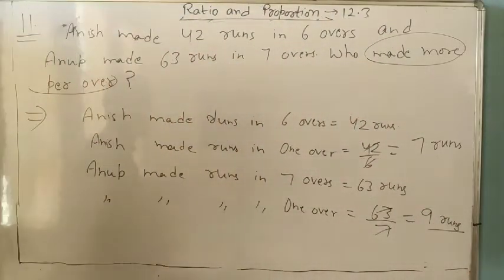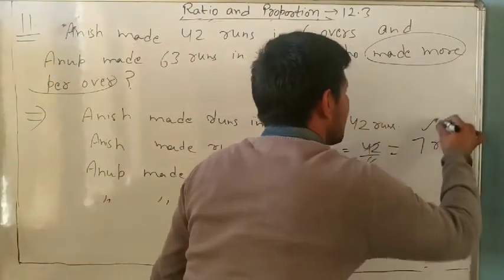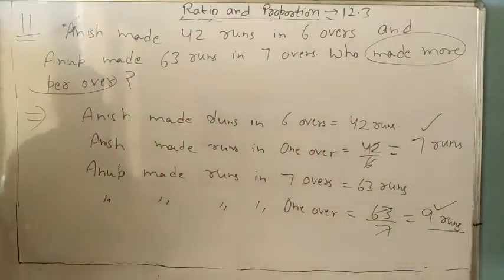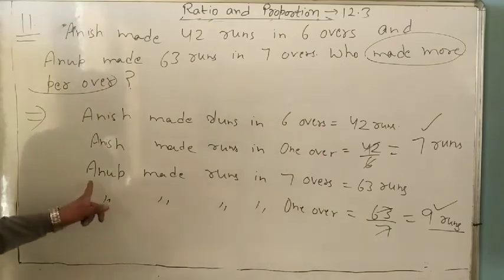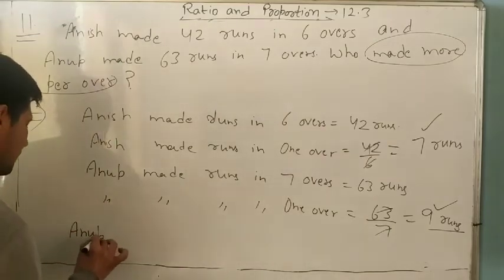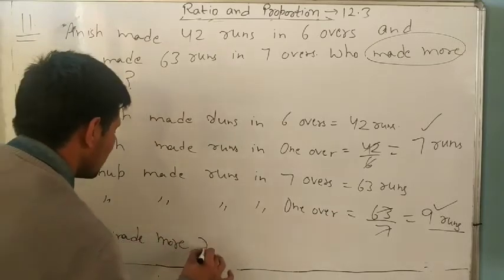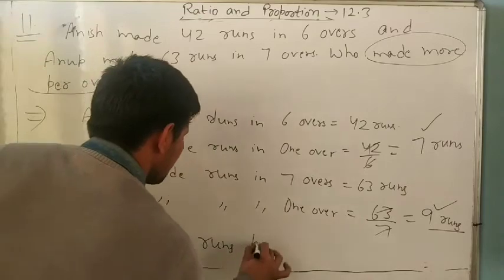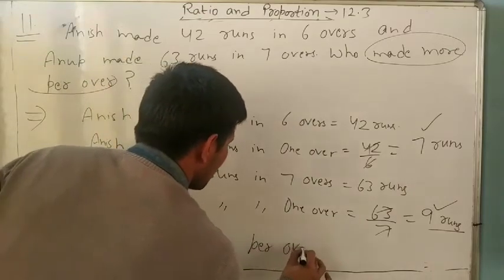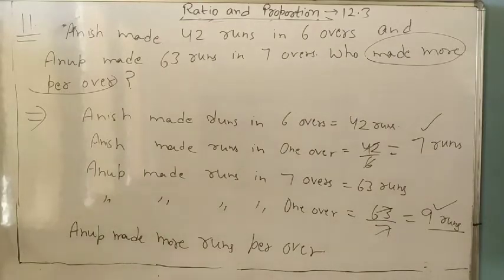So Anup made 9 runs per hour and Anis made 7 runs. So who made more? Anup. So write: Anup made more runs per hour. So it is your answer and our chapter is also finished.